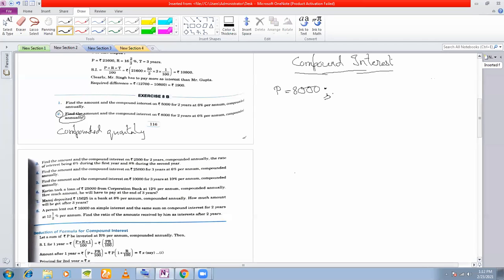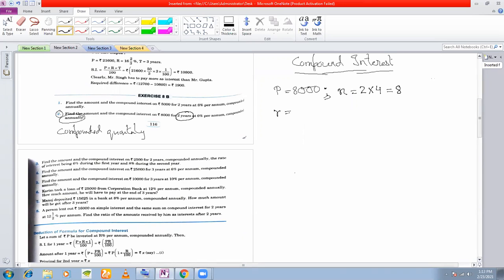Quarter means 1/4. That means you are dividing the year into 4 equal parts. In that case, time is given to be 2 years here, so you multiply that time by 4 because you are dividing the year into 4 equal parts. So time will become 8.